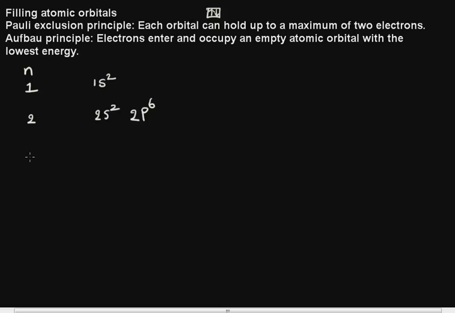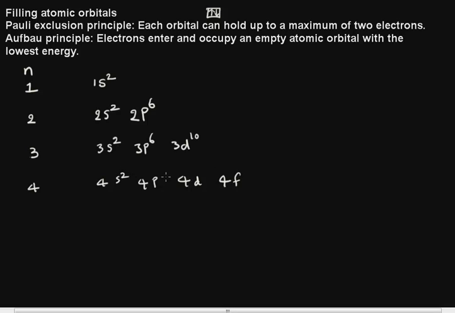And let's say this is the third shell. I'll have 3 subshells, 3s, 3p, 3d. 3s can have 2 electrons, 3p can have 6, 3d can have 10 electrons. Similarly, if I have my fourth shell, I can have 4 subshells, 4s, 4p, 4d, and 4f.